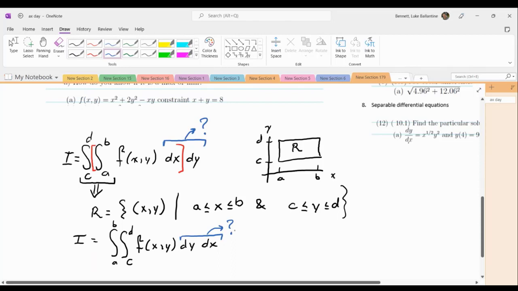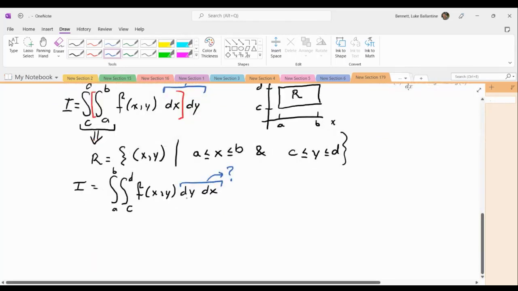To answer that, I make an appeal to a stick figure. So dy dx, I call these vertical cross sections. And then dx dy I call horizontal cross sections.